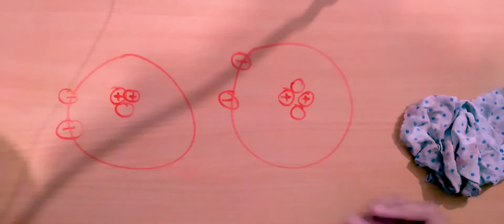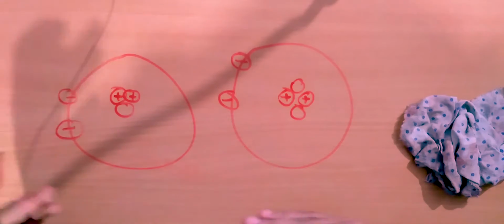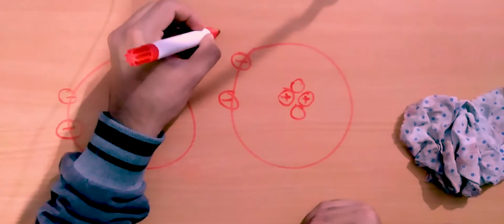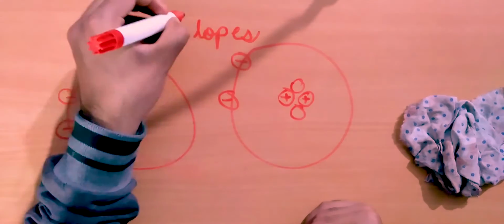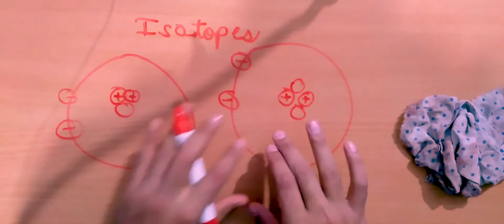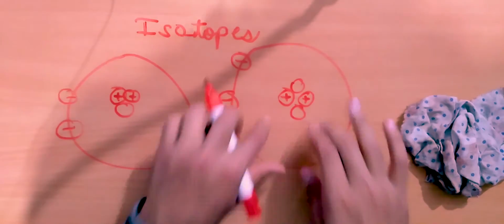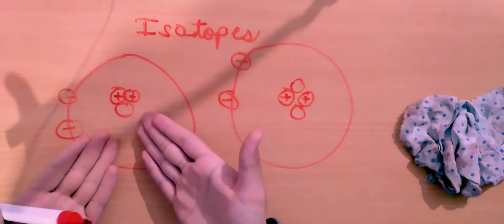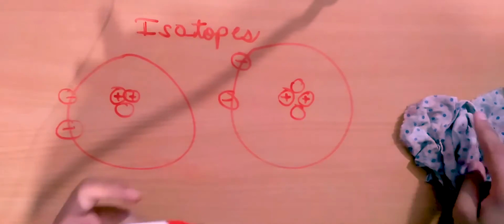And what do we call such atoms? Well, these are called isotopes. Isotopes, that's one word. Because they have 2 protons each, they'll be called helium isotopes. So this is the first isotope of helium, this is the second isotope of helium.